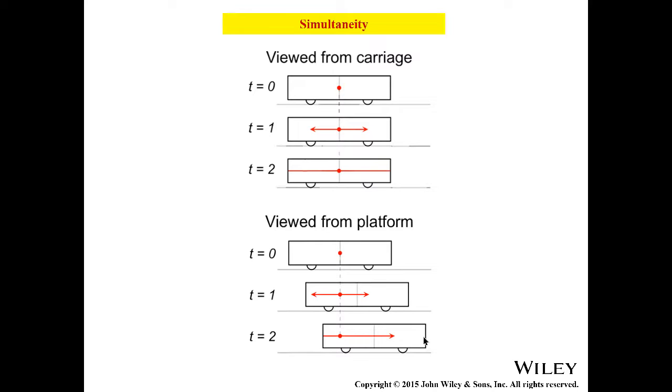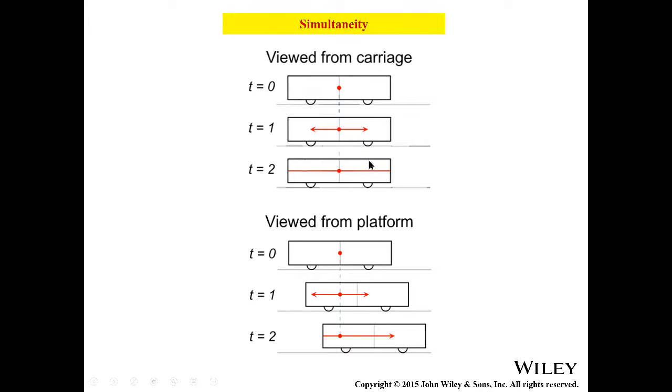And so you say simultaneity. Oh, this is not simultaneous. Simultaneity depends on the reference frame. The simultaneity of events. Now this is two events. One event, this ball bangs against the back, and the other event was this ball bangs against the front.